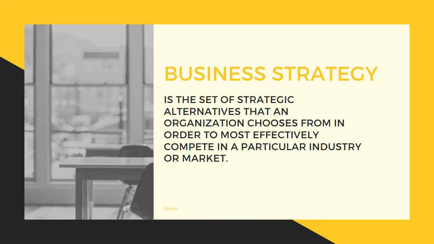So, business level or business strategy is a set of strategic alternatives that an organization chooses from in order to most effectively compete in a particular industry or market. Business level strategies translate corporate strategy into more tangible action. In essence, your business strategy will define the assignment and action required to achieve your corporate strategy.